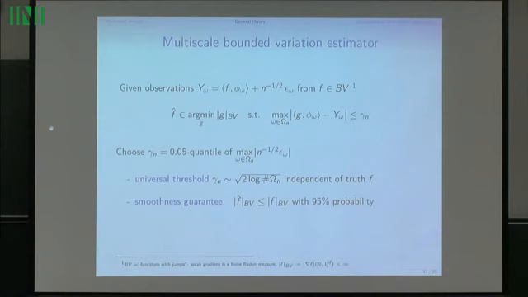So if you choose gamma to be such a quantile of that statistic, you are guaranteeing that the true function satisfies this constraint, but not much more, right? So there are not many functions satisfying this constraint. And in that sense, if you were in the normal case, this is the threshold we would have.